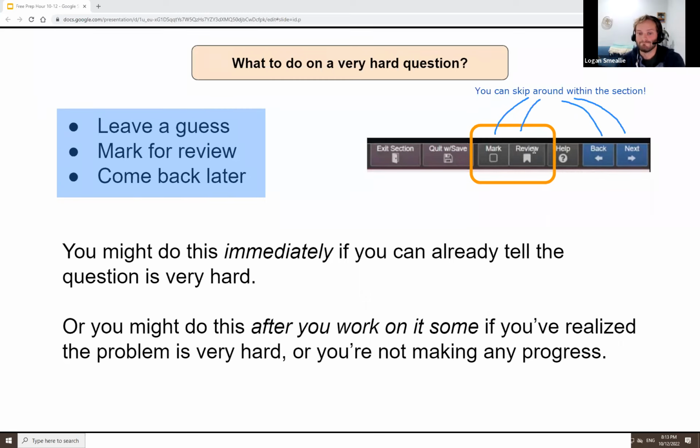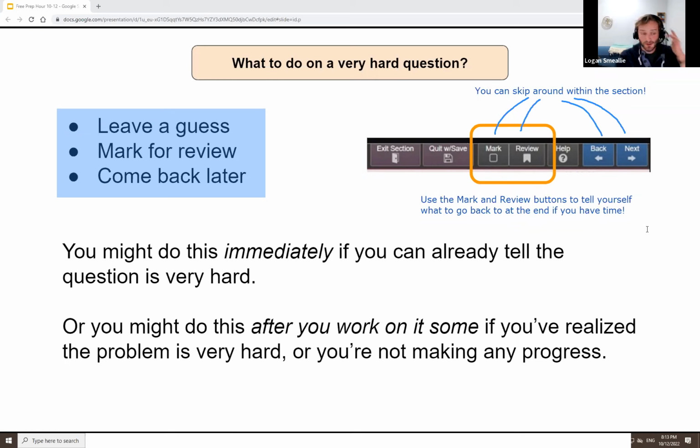So use the mark and review buttons as a way to tell yourself what to go back to at the end if you have time.